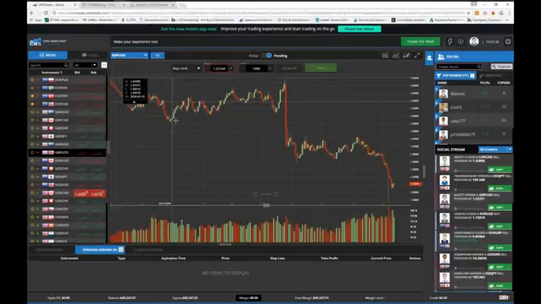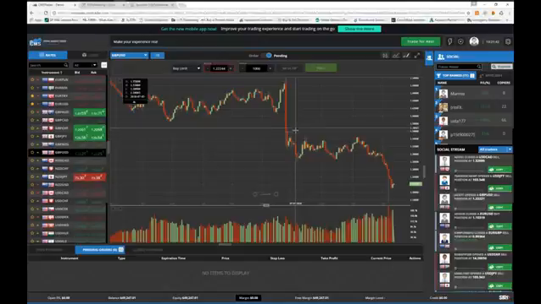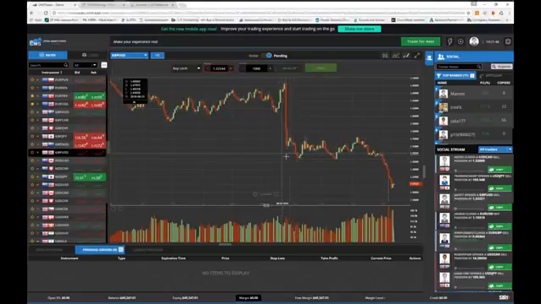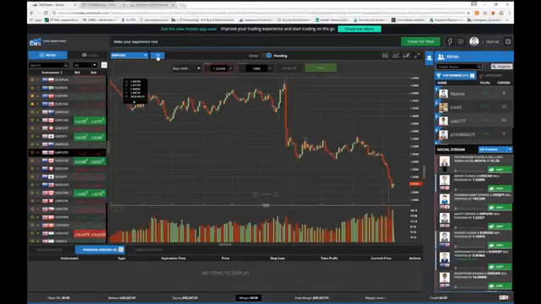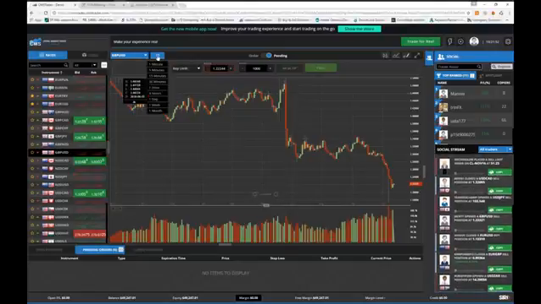If we look at a daily, look at this candle right here.